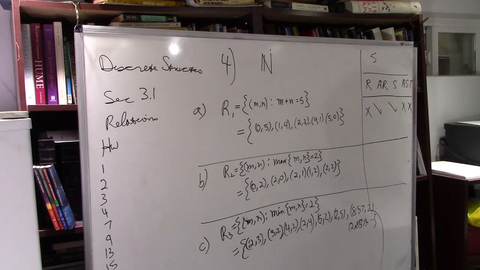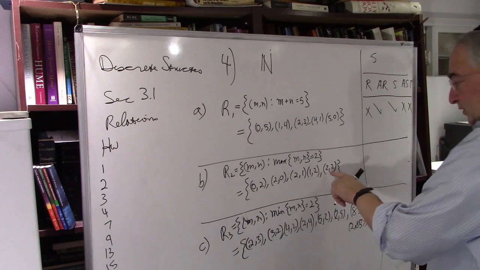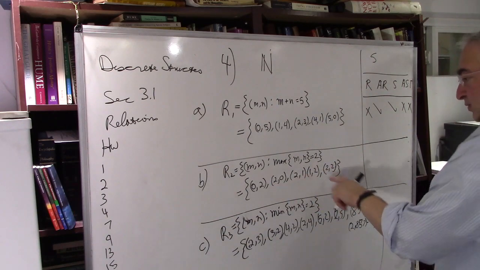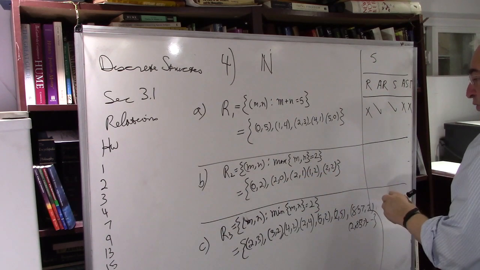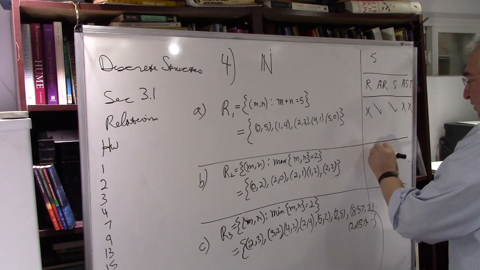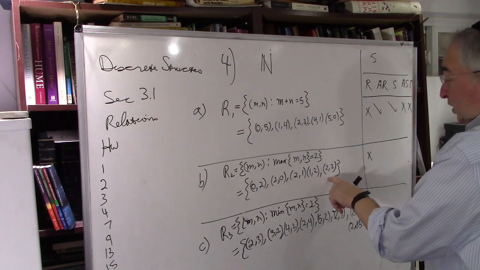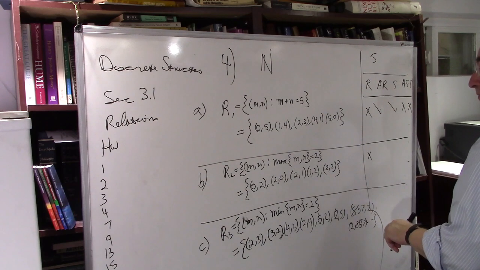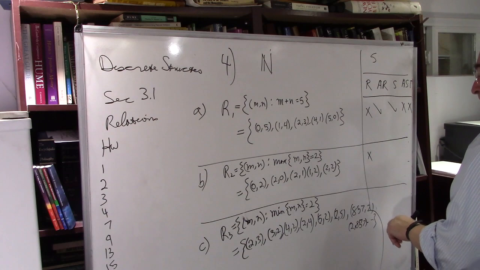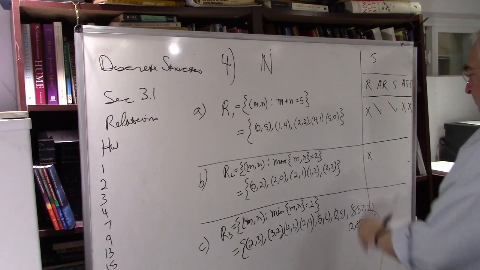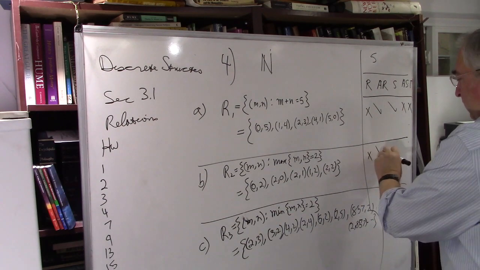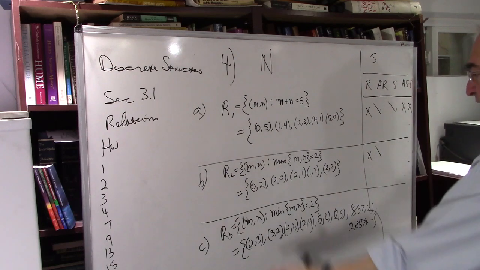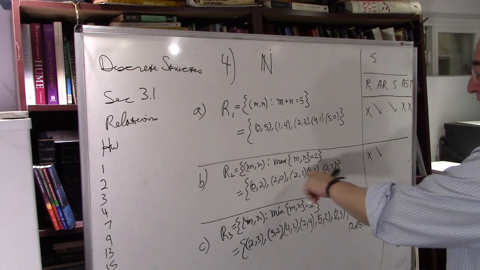Okay, numbers, let's do this one. Is this reflexive? The answer is no, there's no 0, 0, there's no 1, 1. Okay, so it's not reflexive. Is it anti-reflexive? No, because it has a 2, 2 in there. Okay, is it symmetric? Yes, because max is a symmetric function.